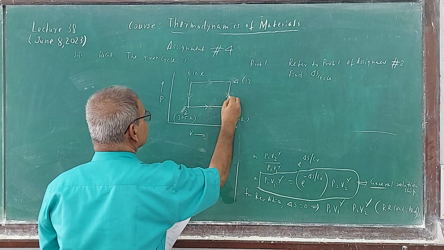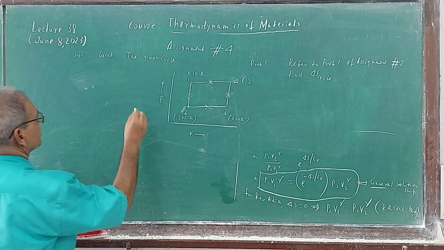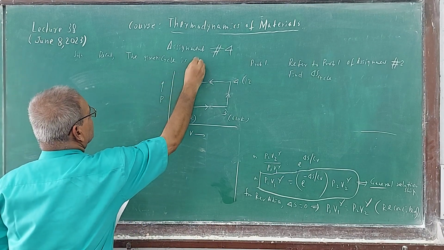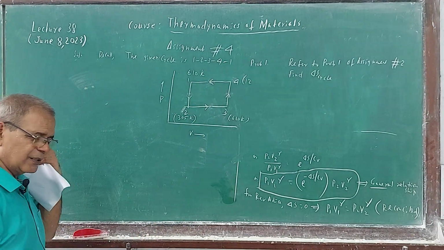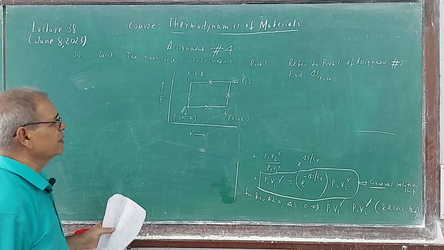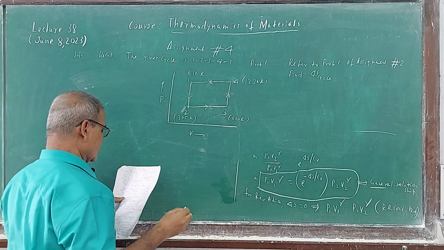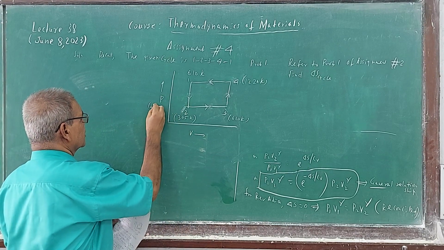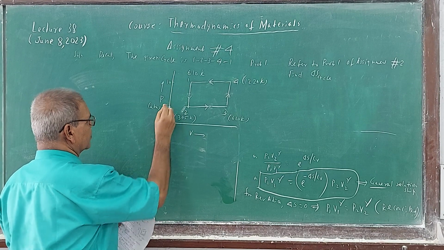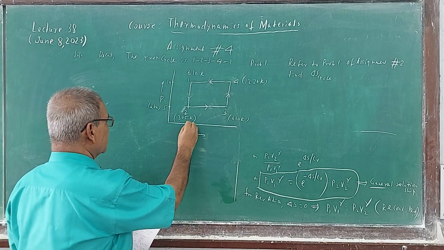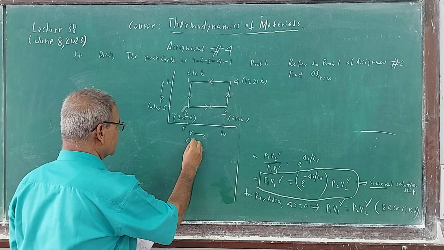This is the cycle: 1, 2, 3, 4, 1. First check this. What are the pressures? Like 10.5 atmosphere. V is also given, so everything is given, 5 and 10 liters.